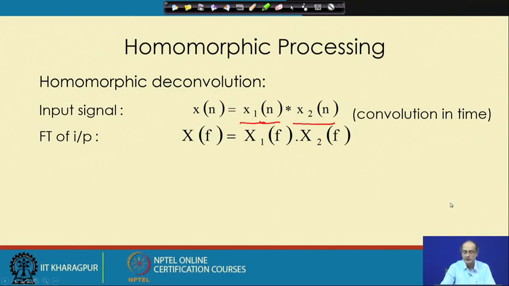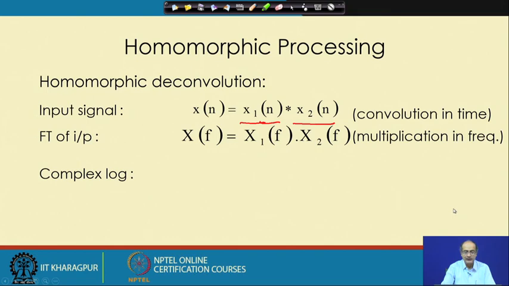Now, using that fact, we are comfortable, because if the two constituents are combined in a multiplicative way, we already know how to separate them out. Okay. So, the only thing is the operation becomes a little longer.